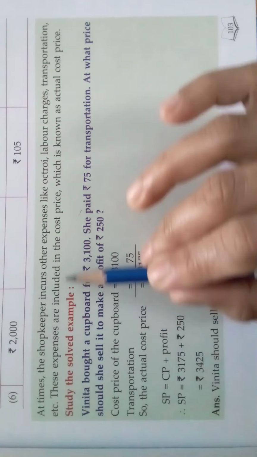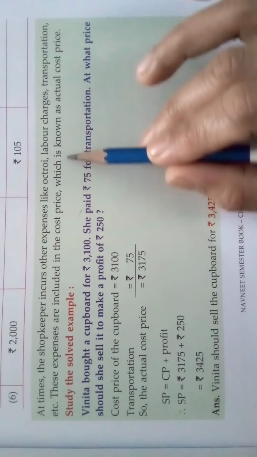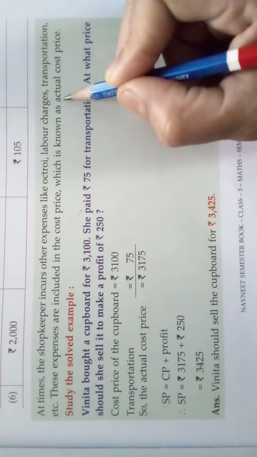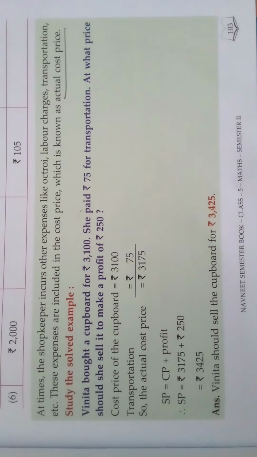These expenses are included in the cost price, which is known as actual cost price. If the shopkeeper adds the transportation charges, labor charges and also taxes to the cost price of the article, then we call it as actual cost price, okay.